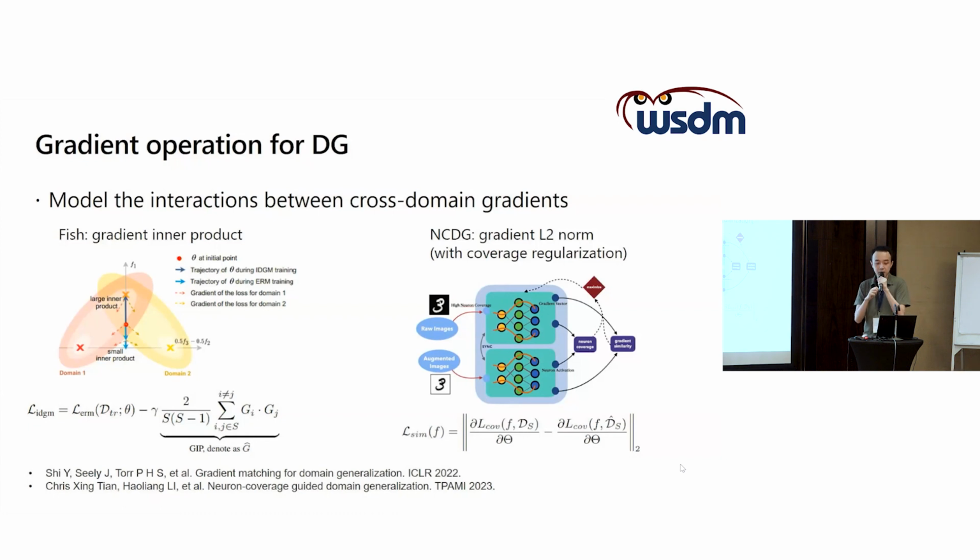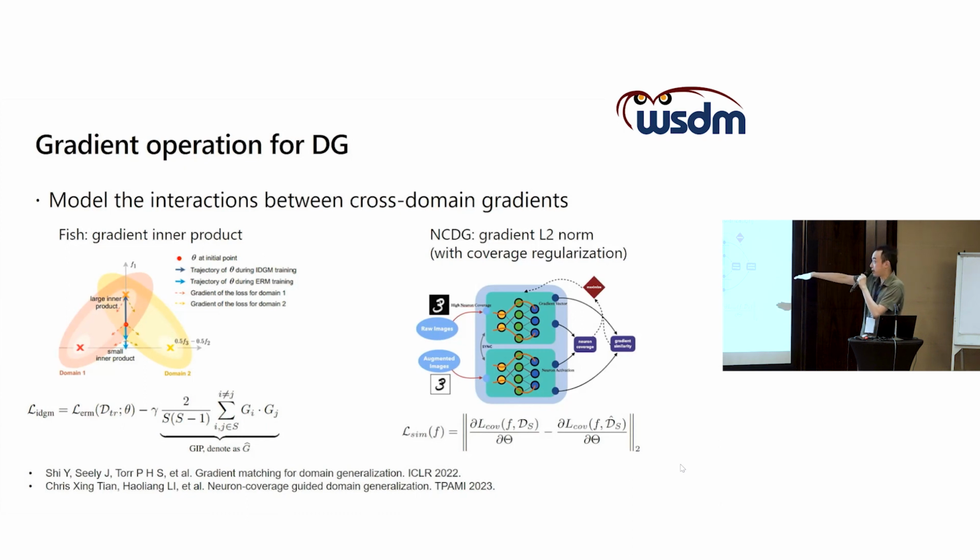But another explanation for why this kind of gradient operation can be applied for domain generalization is based on the recent advances of the neural tangent kernel. The neural tangent kernel theory tells us that, by applying the Taylor expansion of our deep neural network, the gradient information can be treated as the feature space of the deep neural networks.